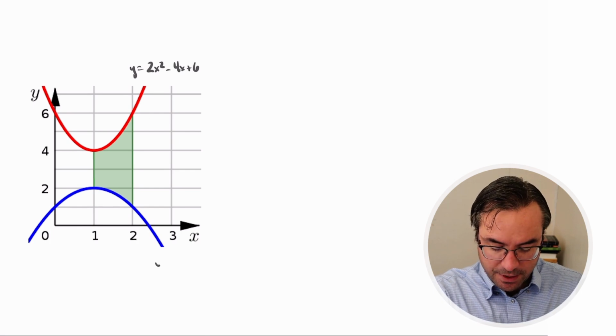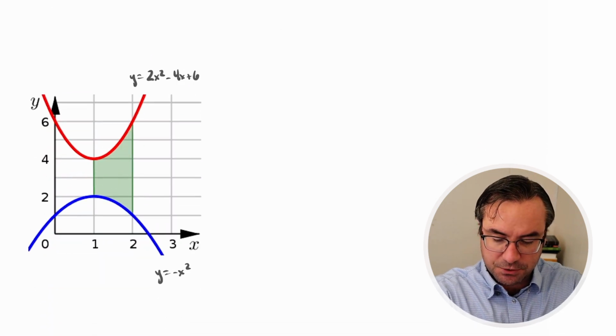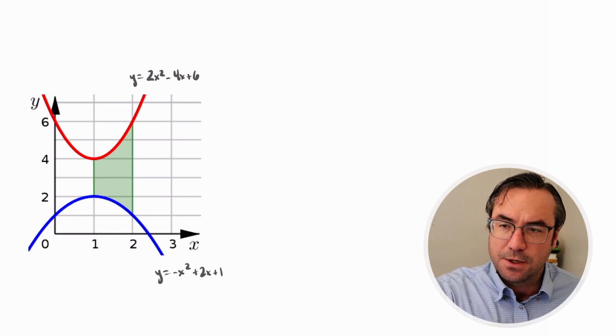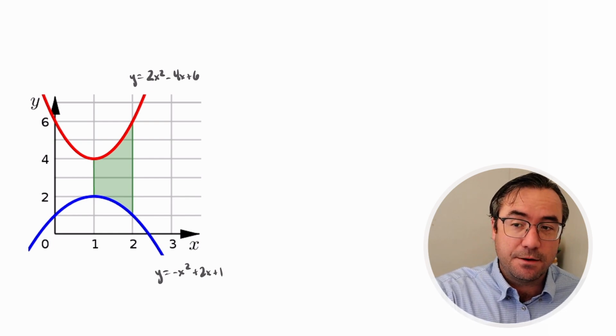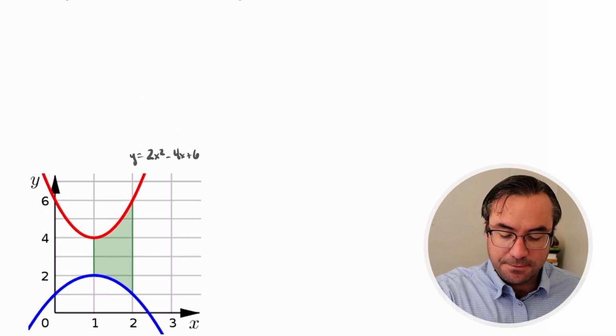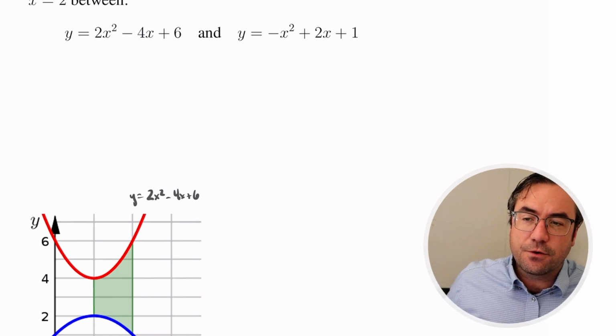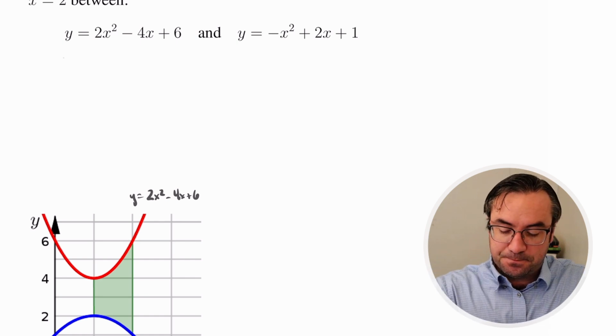So we see that one right here: y equals negative x squared plus 2x plus 1. All right. So we want to figure out the area in between these two curves. So the idea is we're going to figure out which is the top function.